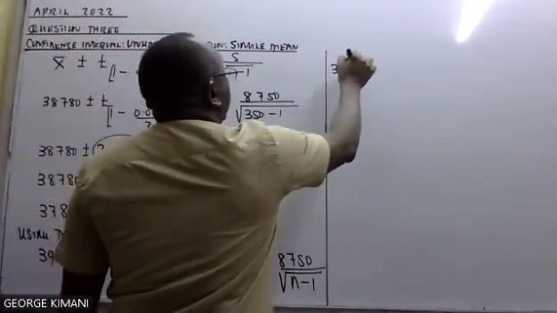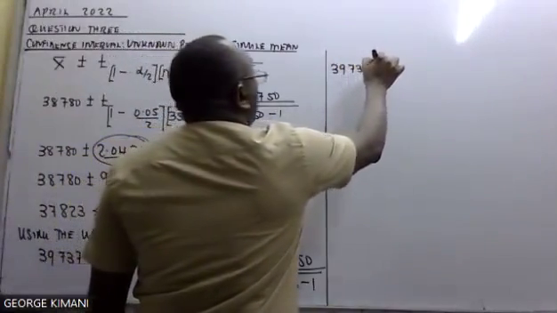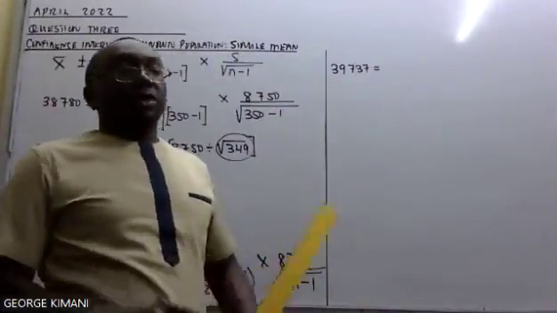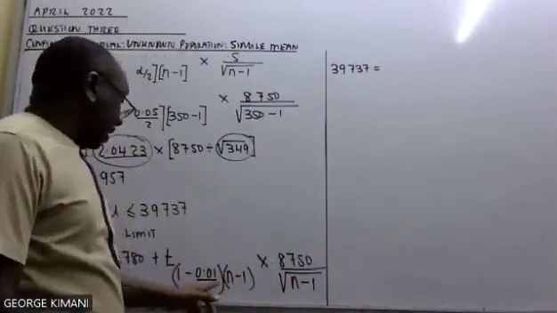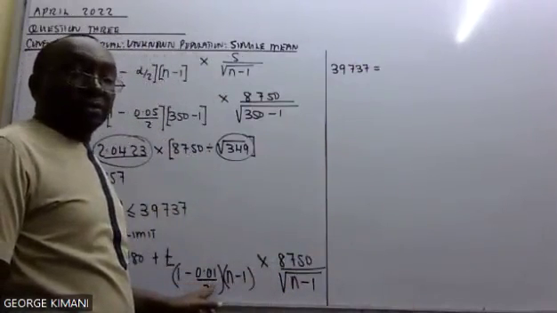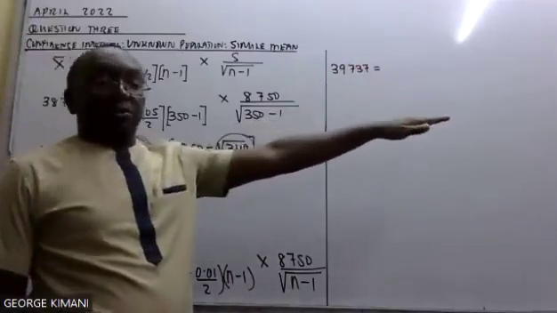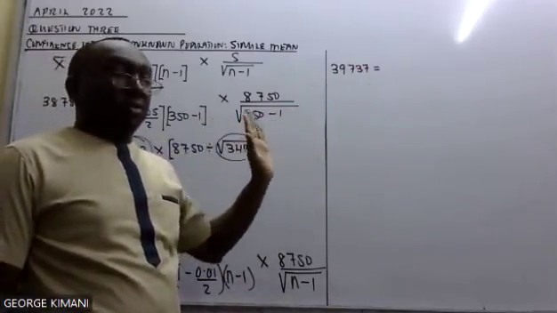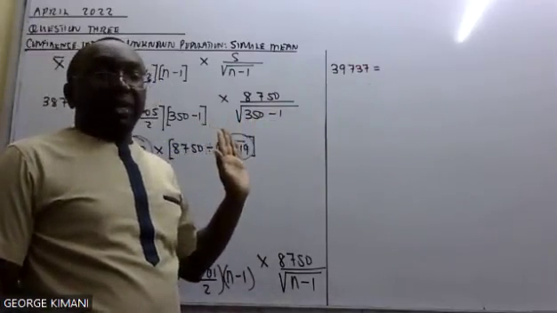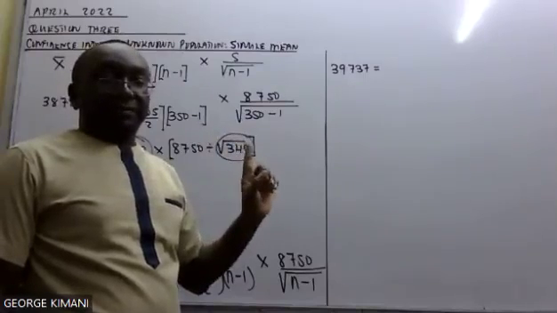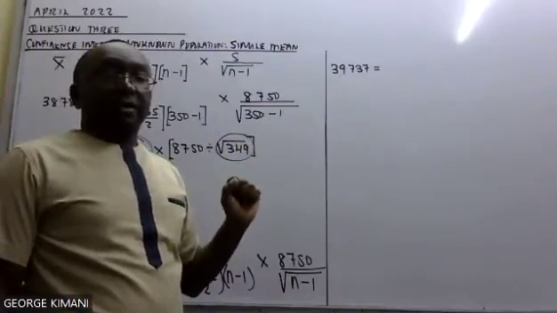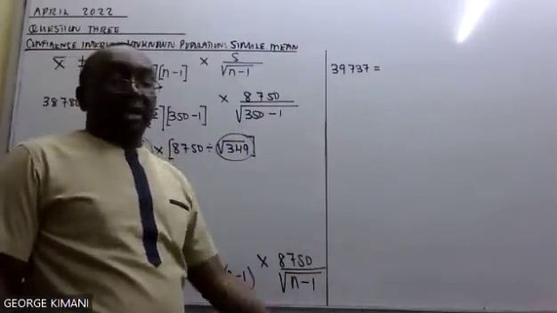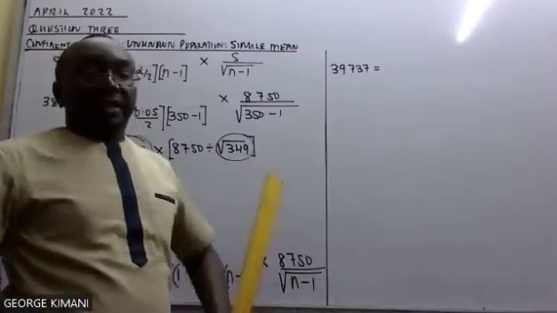When you go to the table, you'll be able to say, we do not know n, but we know the alpha is 0.01. So that is 99. So we go there at the end for two-tail confidence. Then we move to the left-hand side and stop at where there is 99. If you have stopped at 99, then go all the way down to 30, and then we read that value.